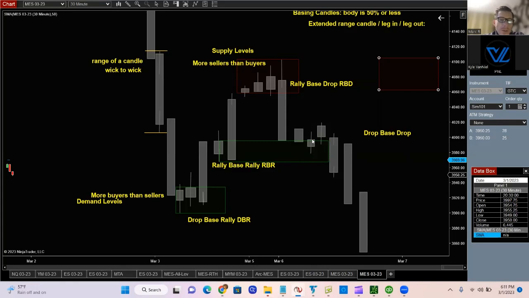Now, in the case of there being no color here, we don't know if this candle closed inside the level or outside the level, right? Because if it closed inside the level, this candle would be red. If it closed outside the level, this candle would be green.